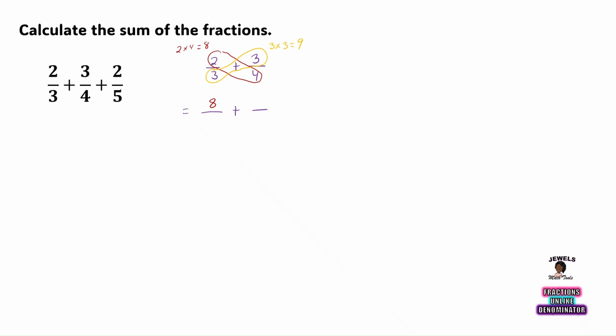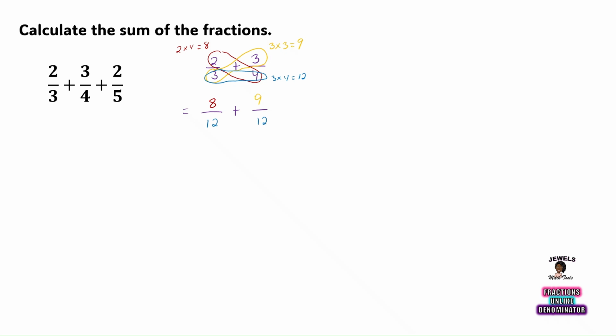So 9 would now be my new numerator in the second fraction. And to find our common denominator, we multiply our denominators of 3 and 4 together. So I'm multiplying 3 times 4, which is equal to 12. So my new denominator for both of my fractions will equal 12.